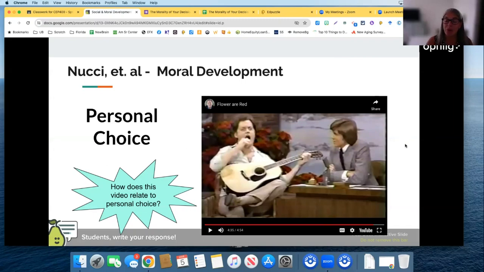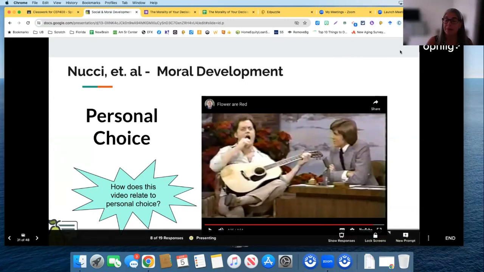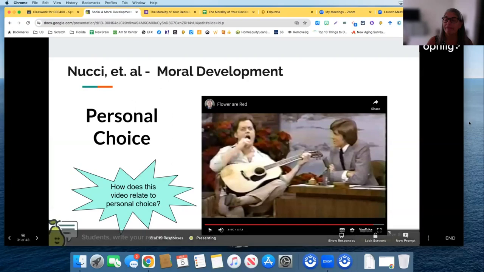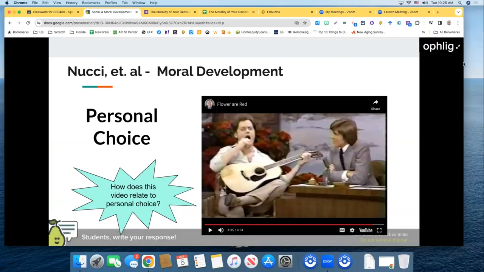How about Bosco? What did your room talk about? We talked about how this was related to personal choice, because the student just wanted to paint the flowers with a certain color, but in one school he was told by the teacher what to do, but in the other school, the teacher was really nice and allowed him to use his creativity to choose.